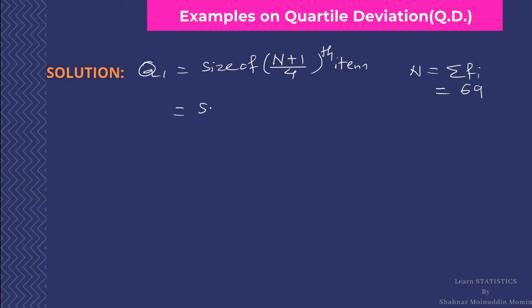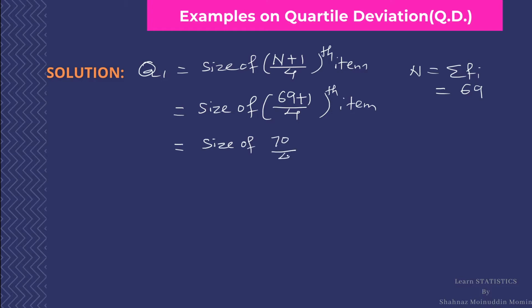So size of (69 plus 1) divided by 4th item, which is equal to size of 70 divided by 4th item, which is equal to 17.5. It is size of 17.5th item.